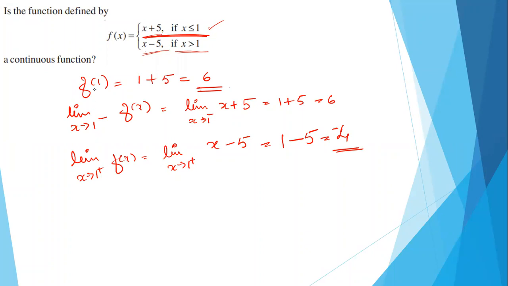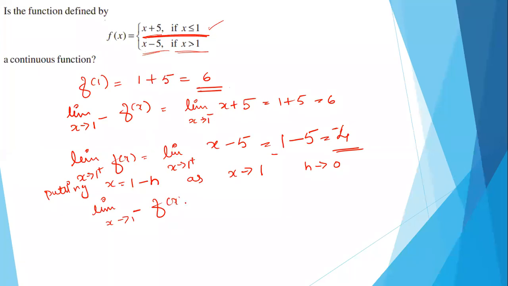So here you can do it in another method. You can do like this also. Limit, putting x equal to 1 minus h. As x tends to 1, h will tend to 0. So x tending to 1 minus. So here what will be f of x? Limit x tending to 1 minus means we have x plus 5.